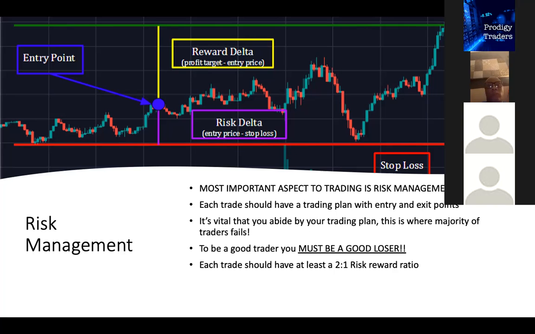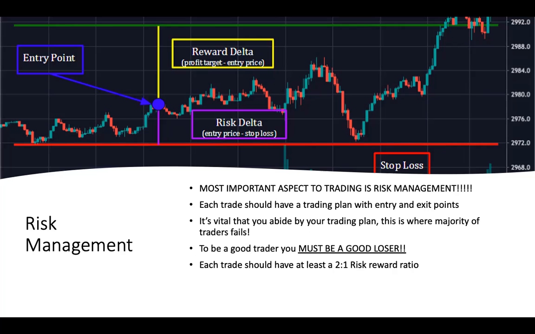So whoever this investment was, they entered in at around 29.78, if I had to guess. They have their stop loss set at 29.72, their profit target at about 29.91. So that's a little over a 2-to-1 ratio, because he's risking a $6 move, he's willing to take that loss to get a $13 move upwards.